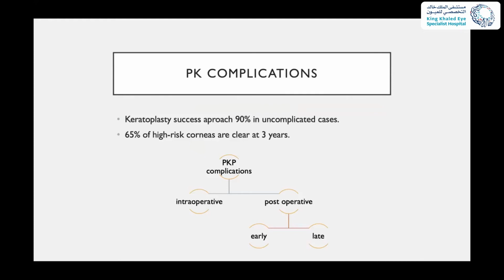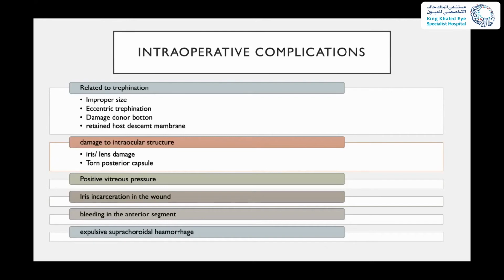PK complications can be divided into intraoperative and post-operative complications, and post-operative complications can be either early or late. Here we can see a list of the intraoperative complications. Those complications can be related to the trephination, where you have an improper trephination size.